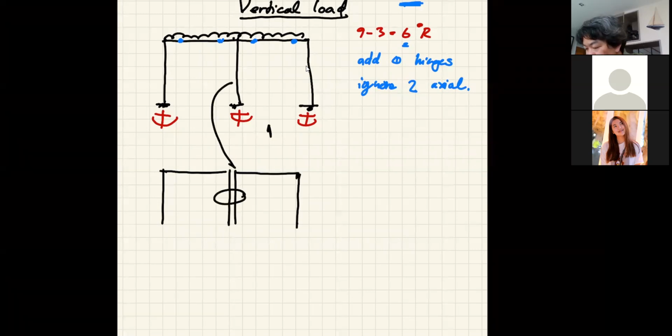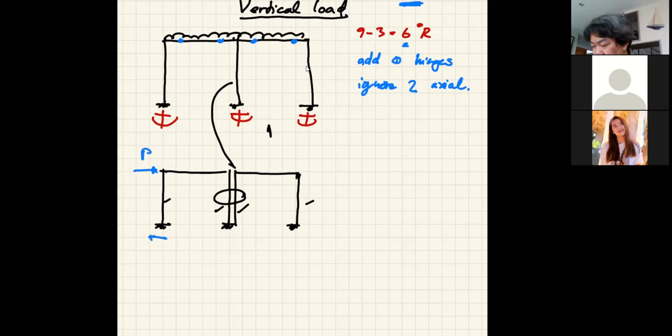Right now, let's say you have 4 columns: 1, 2, 3, and 4. And then you have the external forces. You have 4 columns to deal with. So basically, it's this.